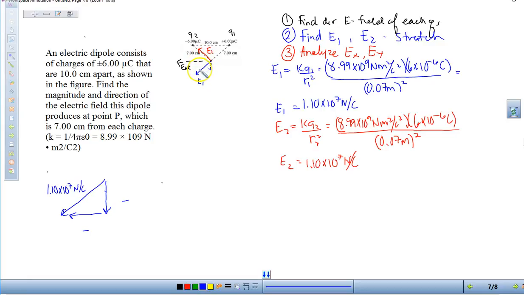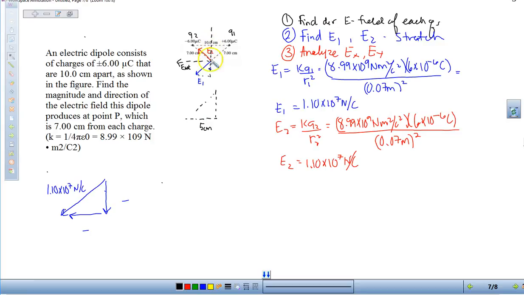How do we do that? If I split this triangle in half, I can make a new triangle. So I split this bottom, and this bottom will be the same as this bottom. So that's 5 centimeters.